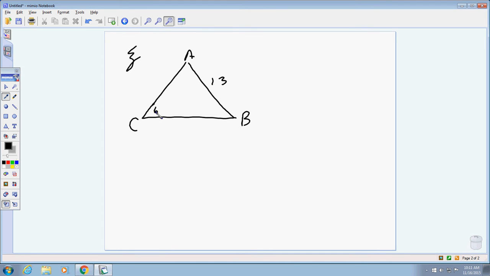Let's say 62 degrees, and let's say this one is 40 degrees. And the question says, find side B.